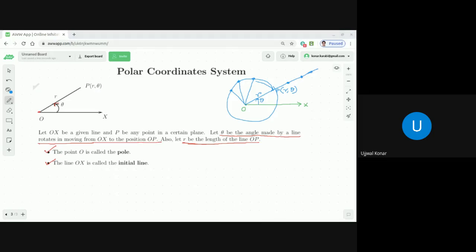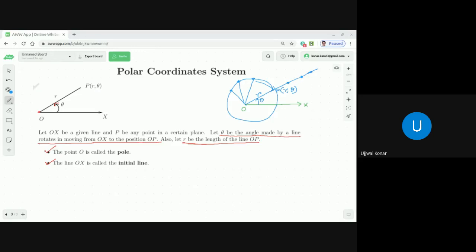Now, dear students, here are a few points I would like to mention. The formal name for r is the radius vector, and theta, the angle XOP, is called the vectorial angle.